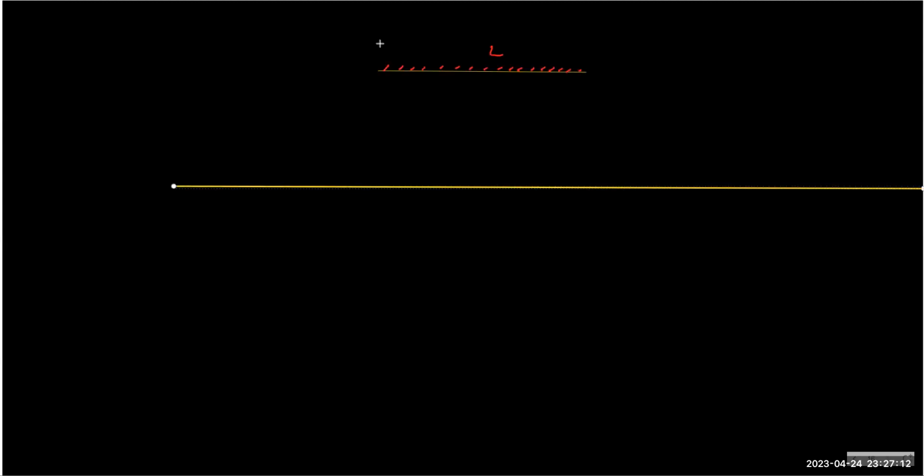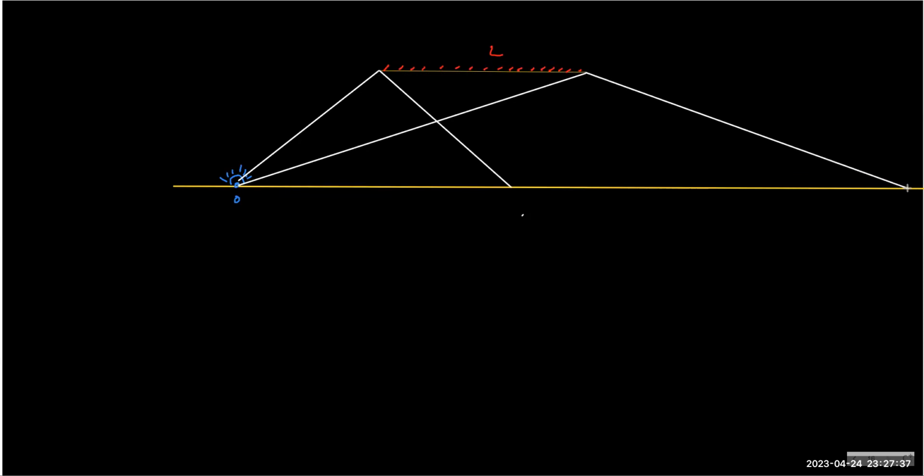If I put a point light source anywhere on the surface, and if I take only the reflected light, the extreme will be like this only. The question is, what is this length? And does it depend on the height of the mirror from the surface? Yes or no?